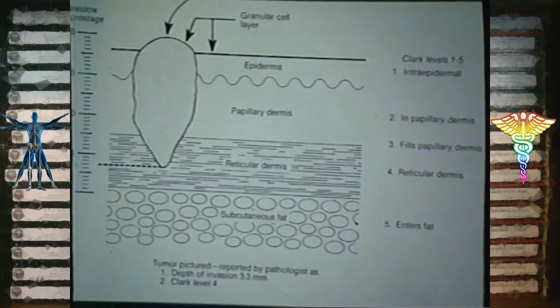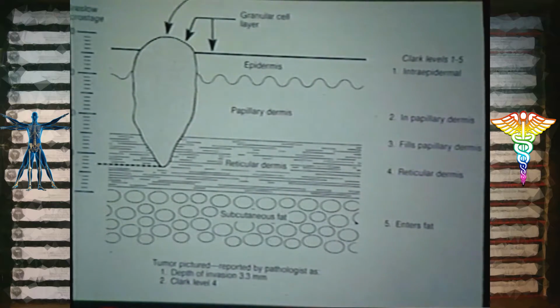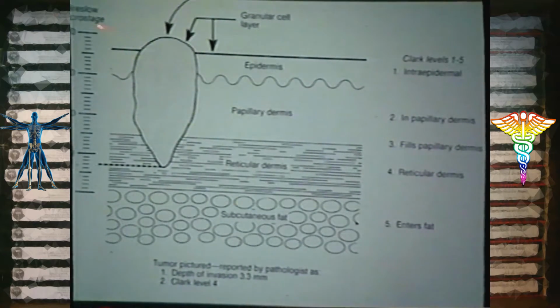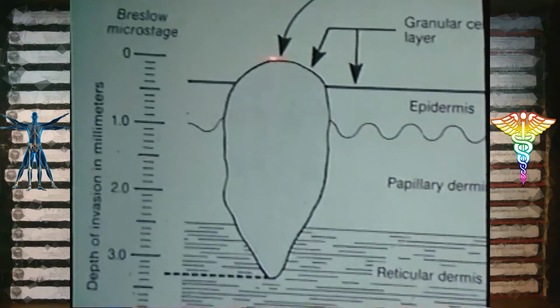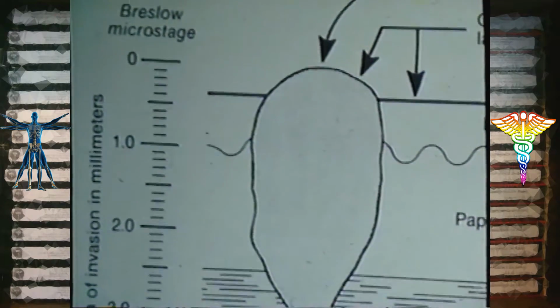This slide shows you the determination of prognosis in anybody with melanoma. It's based on the depth of the lesion for the most part. It's called Breslow's depth, and it goes from the granular layer of the epidermis down to the deepest melanoma cell.